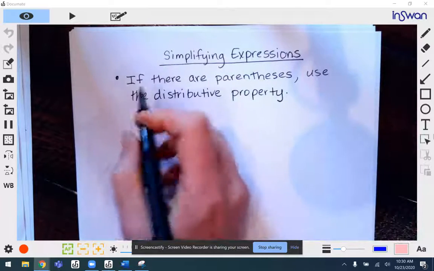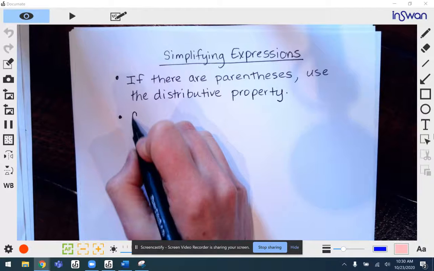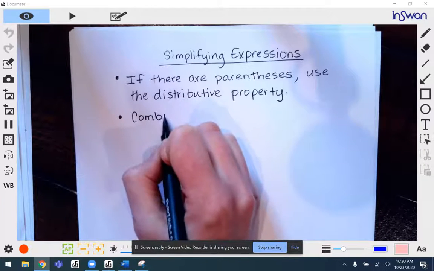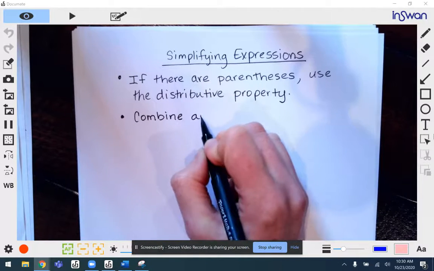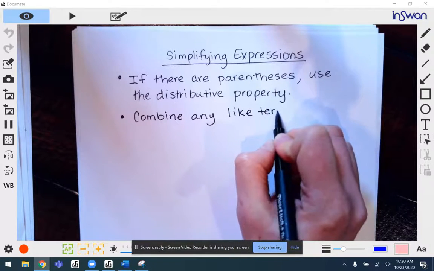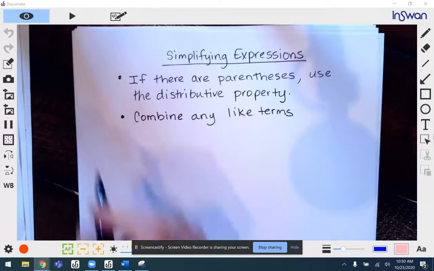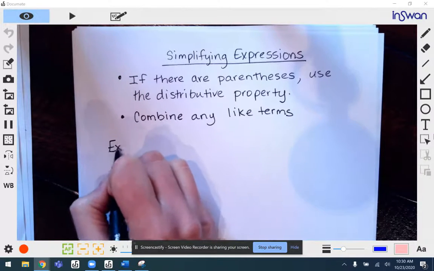Once you've done that, you're going to want to look through what you have left over and combine any like terms. So pause the video here if you need to and get these two steps written down. And when you're ready, let's do a couple examples.